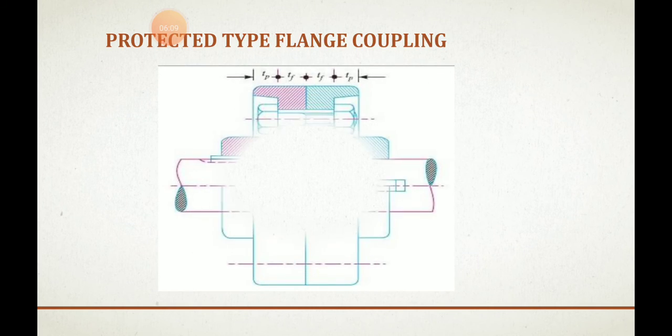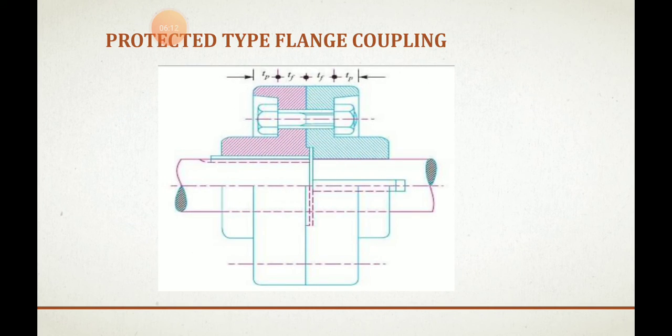Next, the protective type. This is the protective type of flange coupling. The design of the unprotected and protected types goes along the same line. Only one last parameter has to be found out, the thickness of the protecting flange, which we did not calculate in the unprotected type.